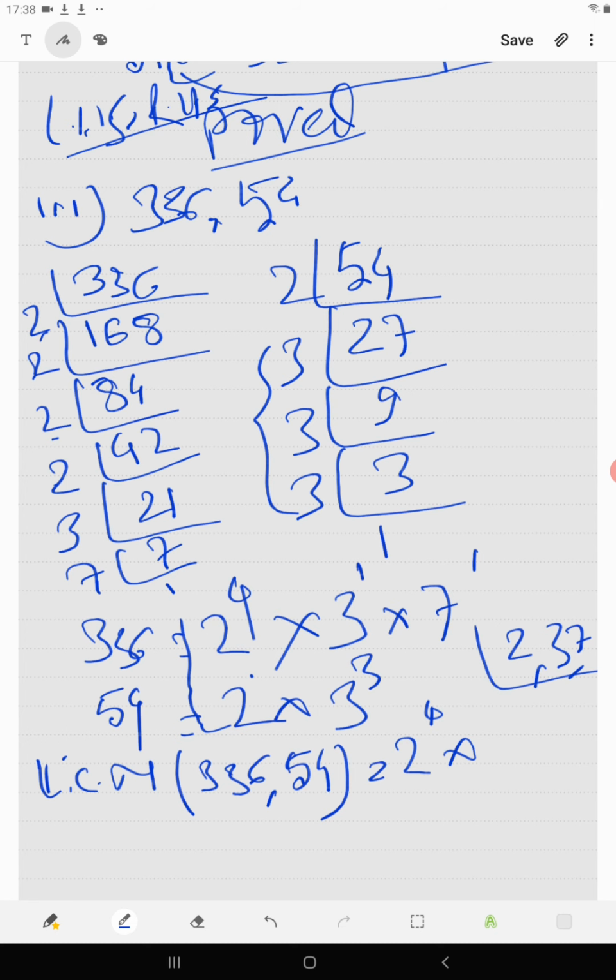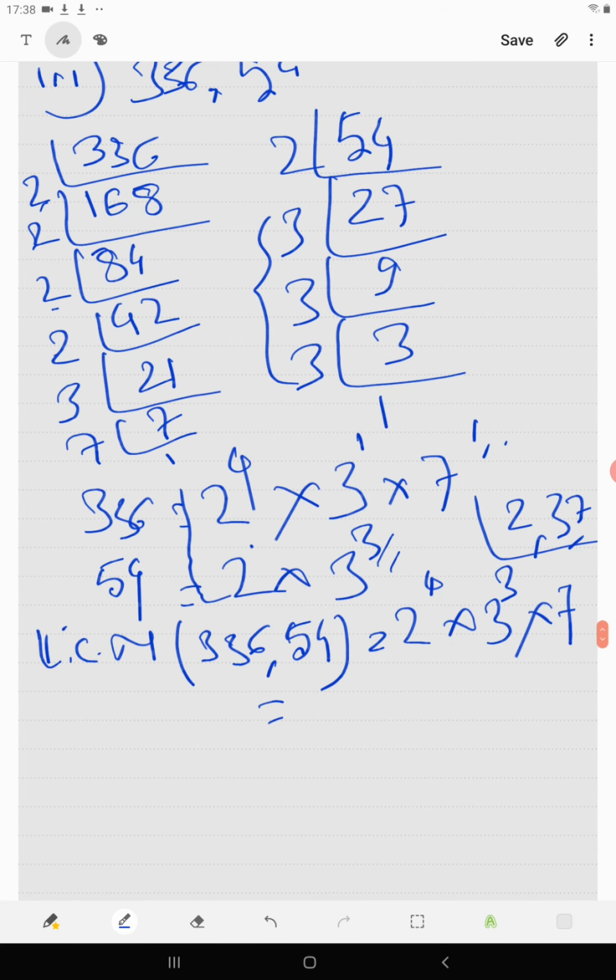What is the highest power of 3 over here? 3 cube. Now 7, the highest power is 1 only. So 2 to the power 4 is 16. So 16 into 3 cube is 27 into 7. 16 into 27 into 7.